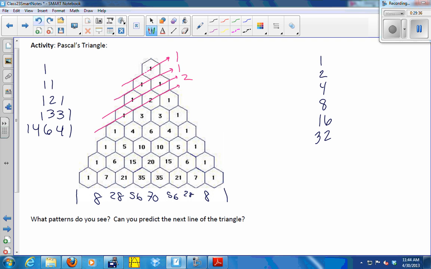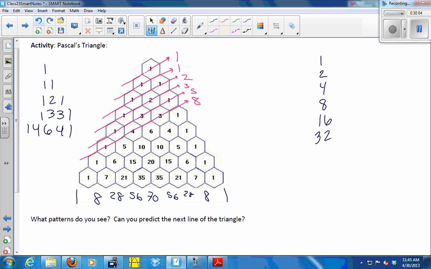Three. Goes through 1 and it goes through 2. 5. 1 plus 4 is 5, plus 3 is 8. Those are Fibonacci numbers. Crazy.